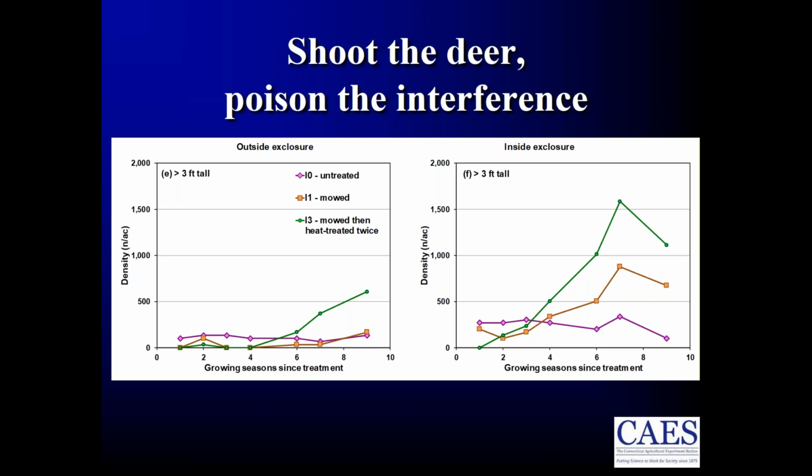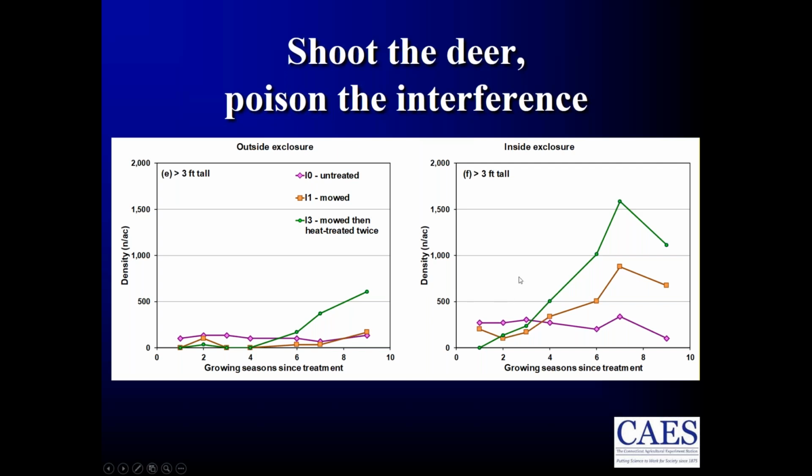They were almost all beech. I should note that the y-axis is stems per acre. In an area where we mowed down all the invasives and then went out there with flamethrowers twice to control them, after 9 years we're finally starting to get some numbers of trees that are at least 3 feet high, but they're still being hammered by the deer. Most of them were either beech or black birch.